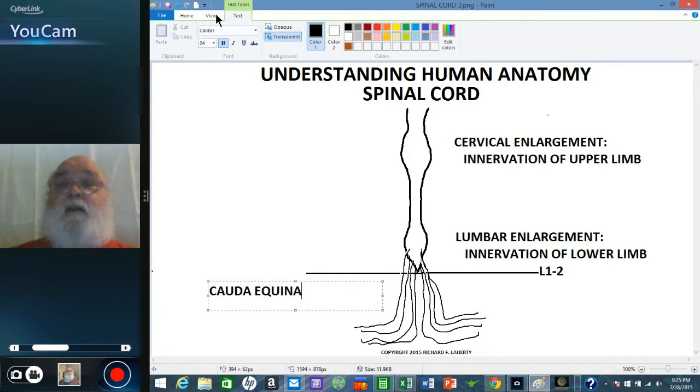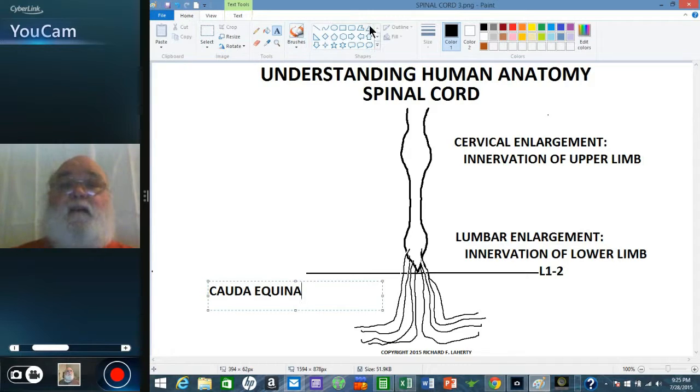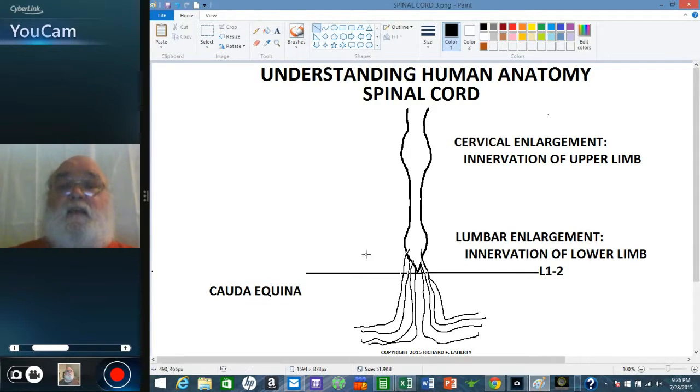And in the cauda equina we have these nerves that are running down actually within the subarachnoid space. So they are bathed by cerebral spinal fluid.